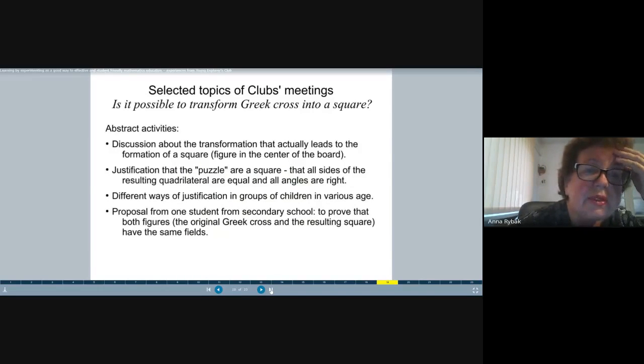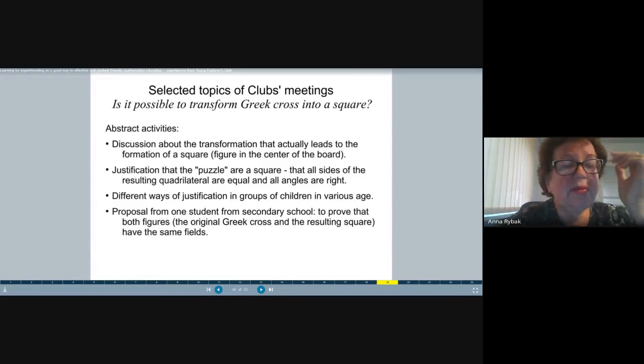And then abstract activities. Abstract activities were a discussion about the transformation. Of course, it was necessary to justify, to prove that we received a square.